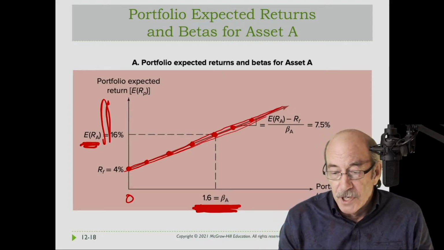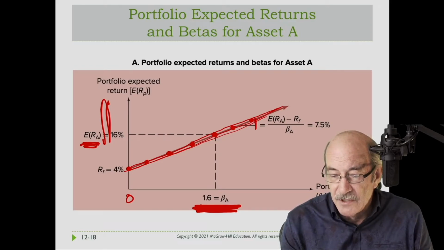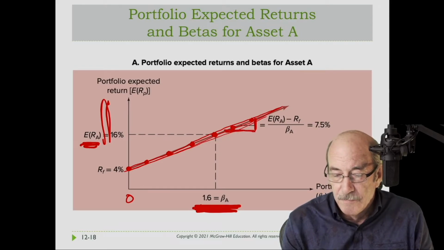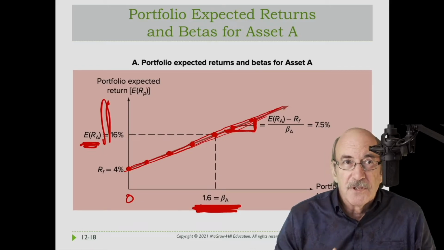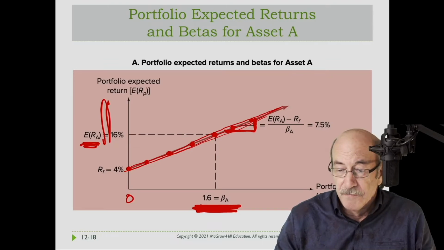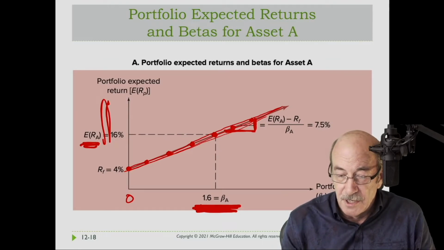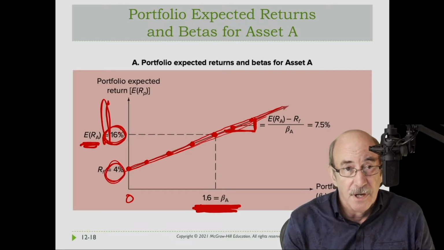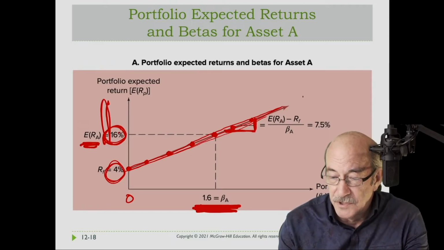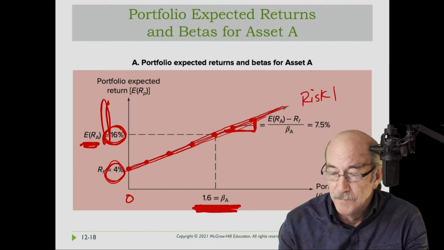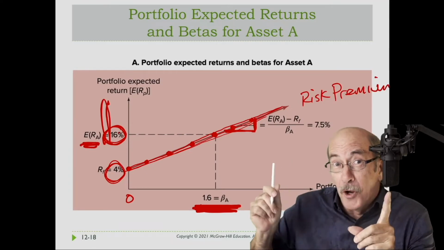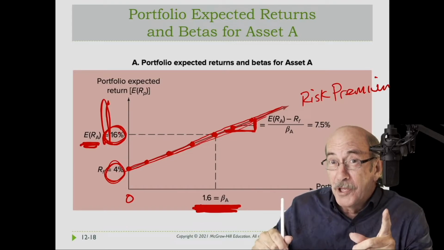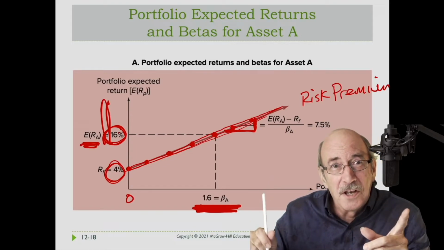Now, the other thing we can do is we can get the rise over the run. Just to keep it simple, let's make the rise the difference between the return on the risky asset and the return on the risk-free, which is also known as the risk premium. And now for even more points, what's the other term that we used back in chapter 1?